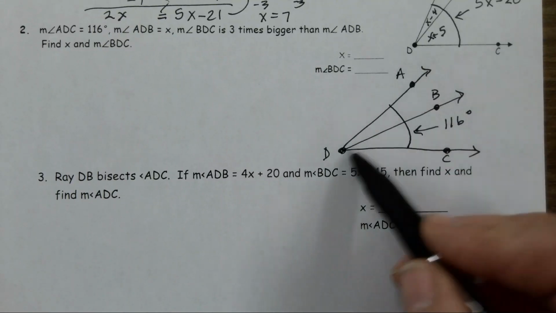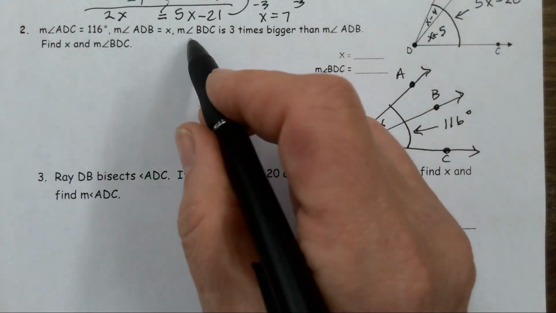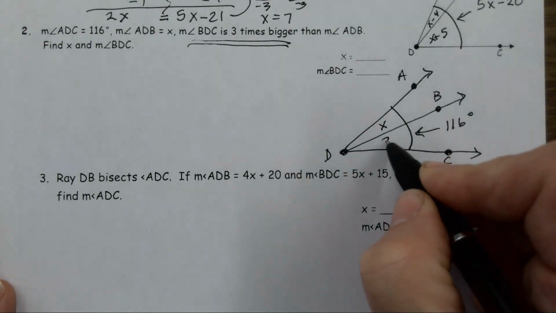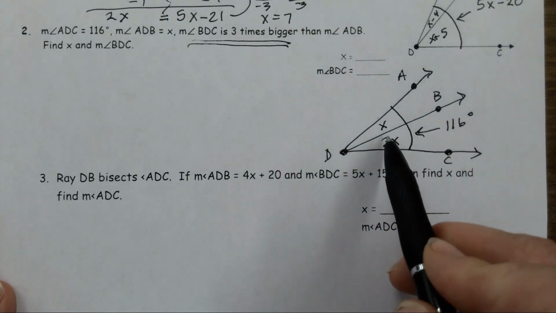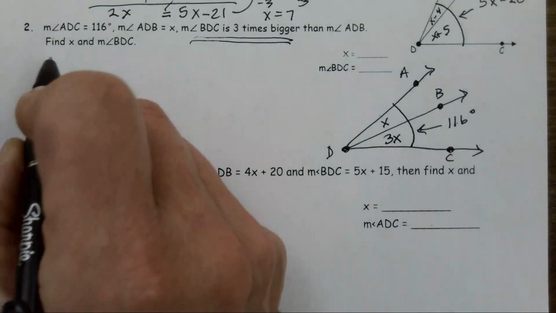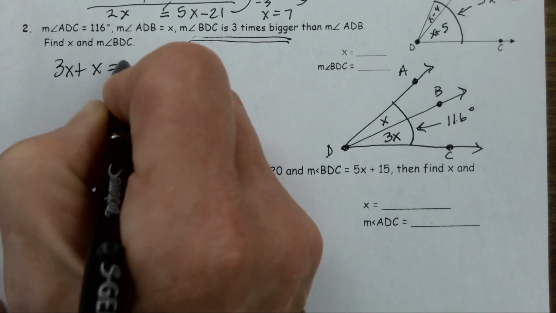ADB is x. What is this? BDC is 3 times bigger than ADB. Yep. 3x. Beautiful. The sum of the parts equals the whole. What does my problem look like? 3x plus x.